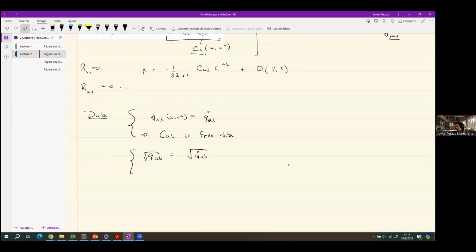And of course, this will now be part of the initial data, and C_AB is free data. So these are two different choices regarding which is our initial data. If we choose the first condition, fixing the metric at null infinity and considering C_AB as free data, we are going to obtain the BMS group of symmetries.